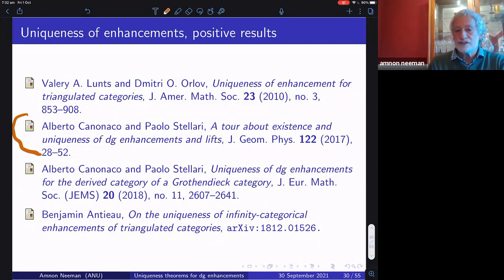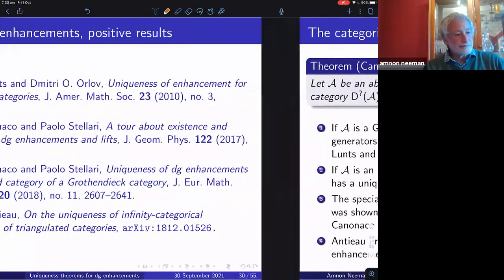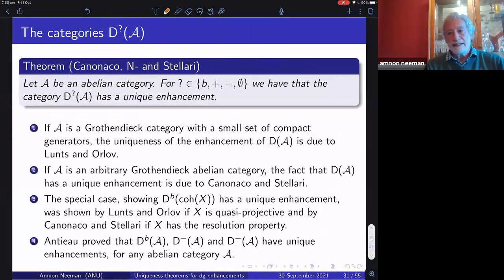So they don't use compact generation, well generation, or infinity categories. Okay, so let me state the theorems. The way I will go about it is I will state the new theorem, the theorem by Canonaco, myself, and Stellari. Then I will tell you what was known before, and then I will tell you something about the proof.